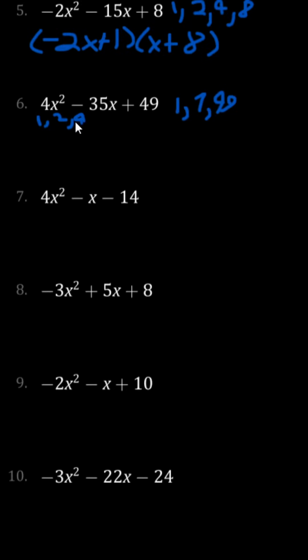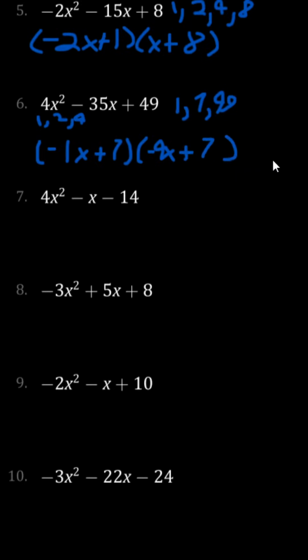The way I'm seeing it, it's probably -4 times 7, and then -1 times 7 to get the -35x. It's one of the only ways to get that number, so let's do -1x plus 7, and then -4x plus 7, and this should give us the correct answer.